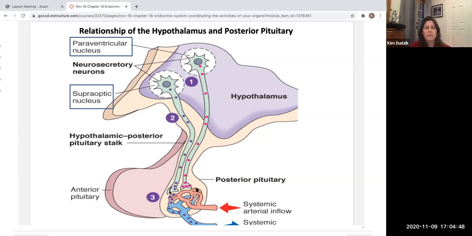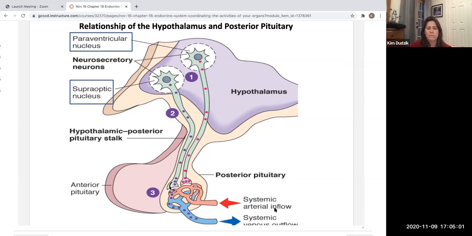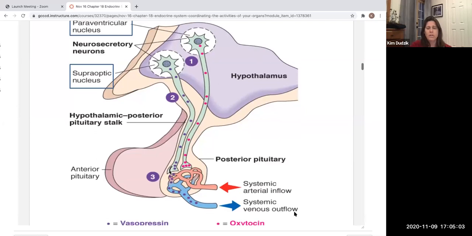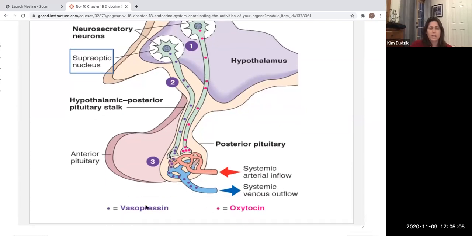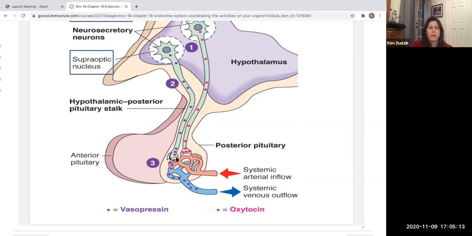Okay? When the hypothalamus is ready to release the hormones, it releases them through the little capillary bed that's associated with the posterior pituitary, and it releases those hormones into regular circulation. Okay, so now you can see at the bottom of the slide here that the hypothalamus makes two types of hormones, okay?